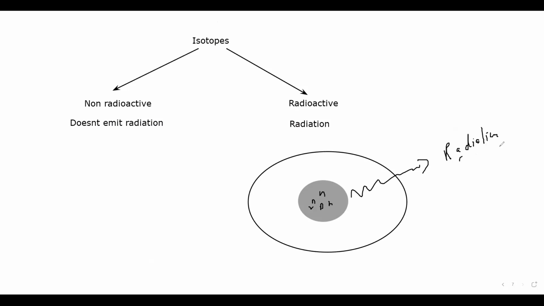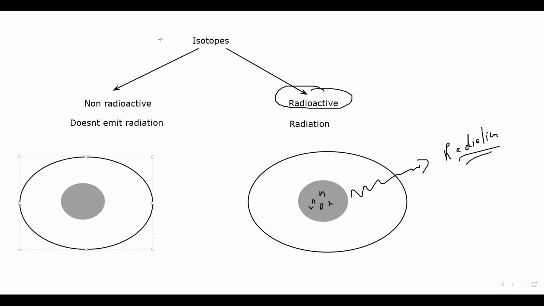So when these nuclei emit radiation, we call them radioactive. And some of the isotopes do not have any tendency to emit radiation or rays. We call them non-radioactive isotopes. So no radiation is emitted from that.